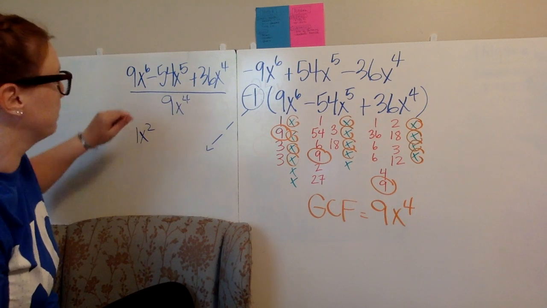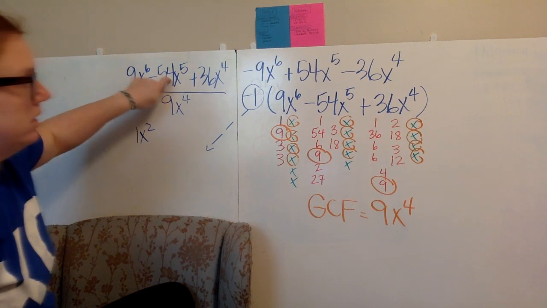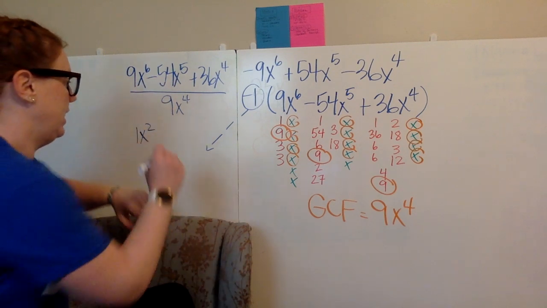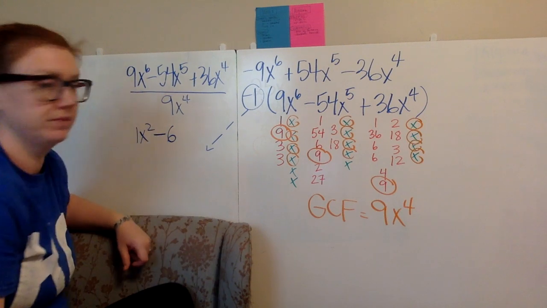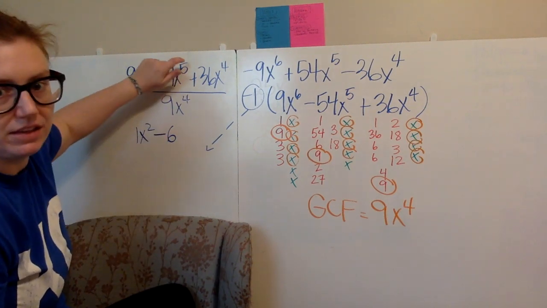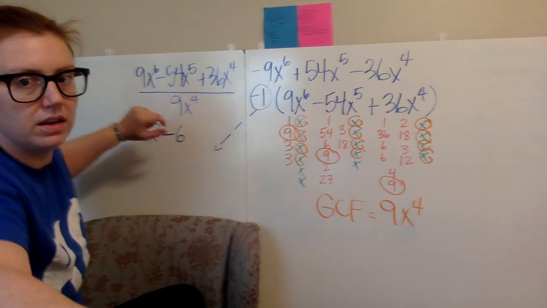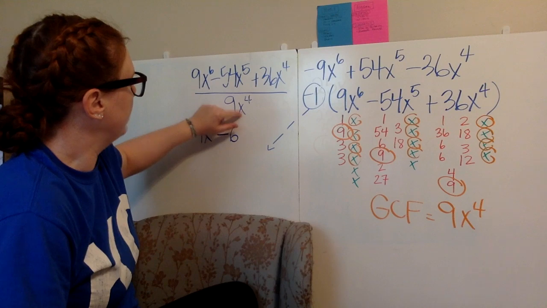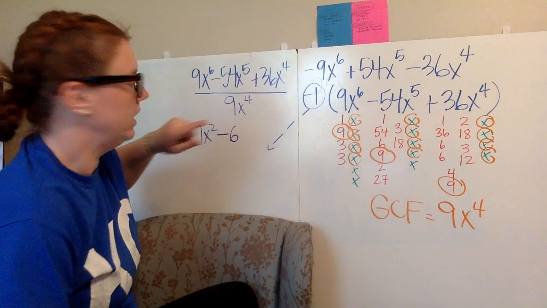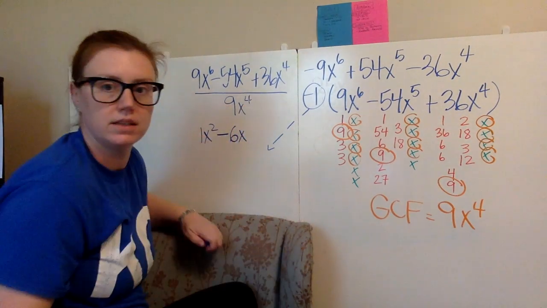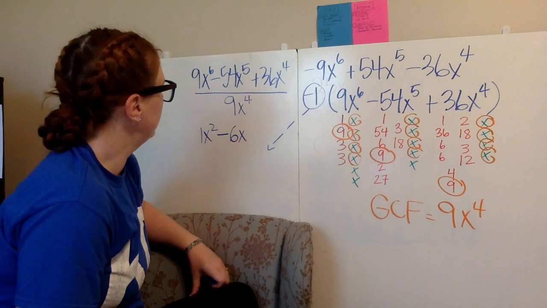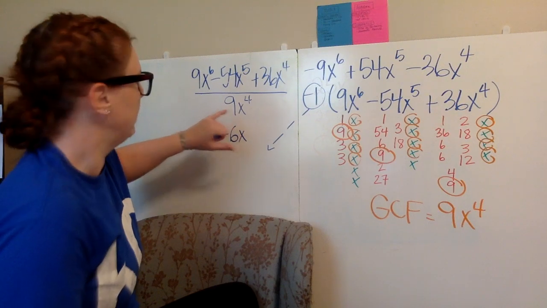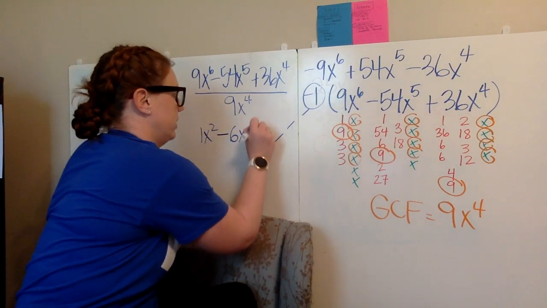Negative 54 divided by 9 is negative 6. x to the 5th divided by x to the 4th is x. 36 divided by 9 is positive 4.